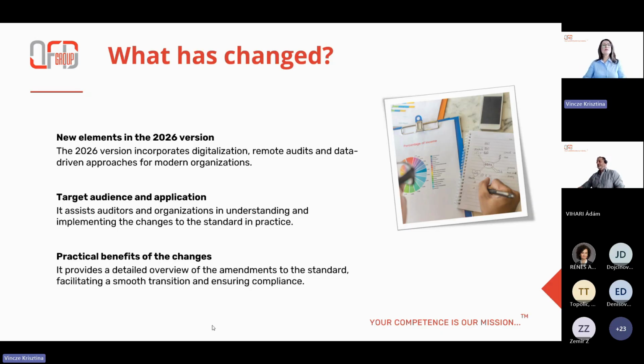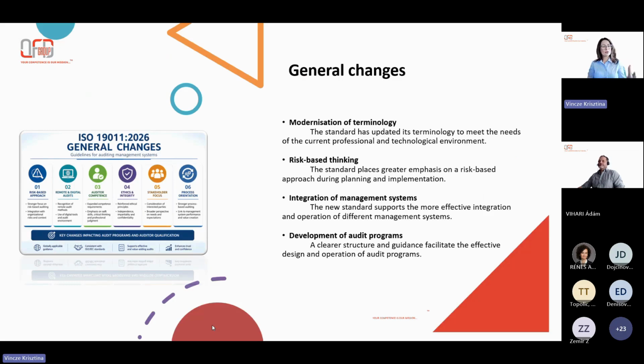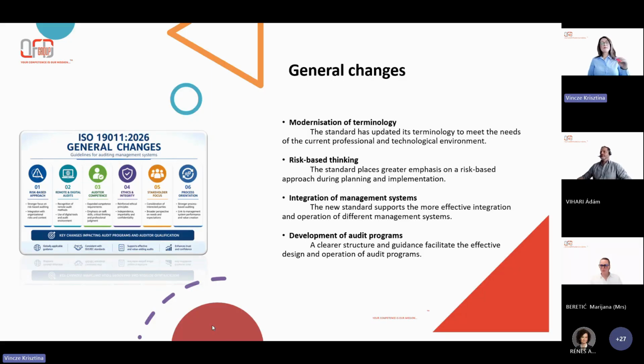Let's see firstly what the general changes were. Firstly, we have to speak about risk-based thinking. In many trainings with our colleagues, we always highlight that in the automotive business, and mainly in auditing, risk-based thinking will have a much higher priority than in the past.